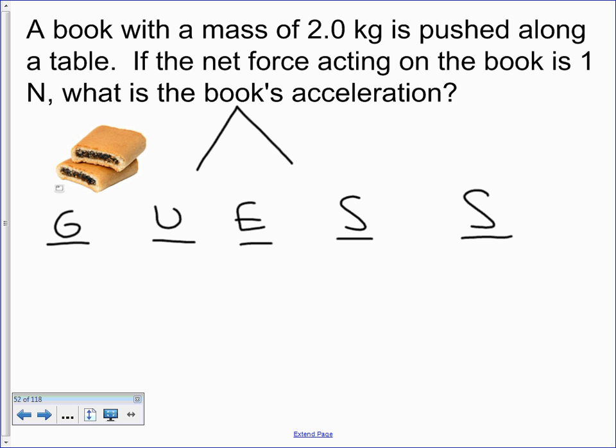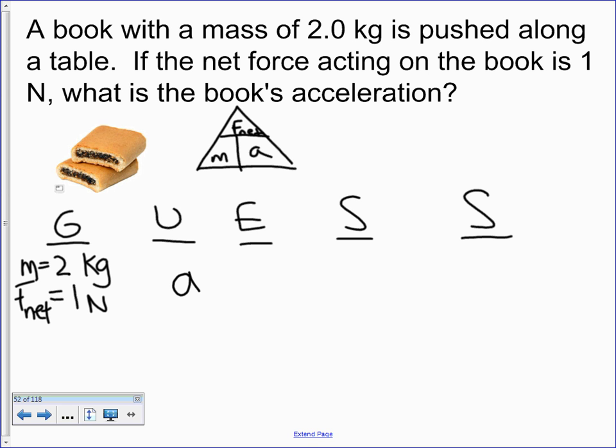Let's draw our triangle. We know that mass equals 2 kilograms, and we know that net force equals 1 Newton. Our unknown is acceleration. What is the book's acceleration?